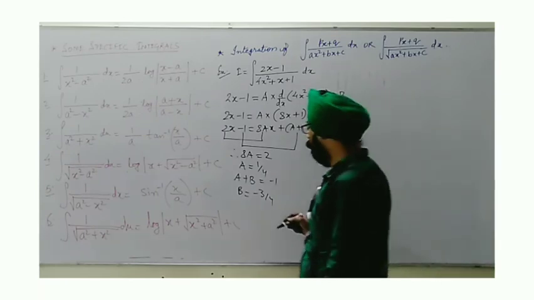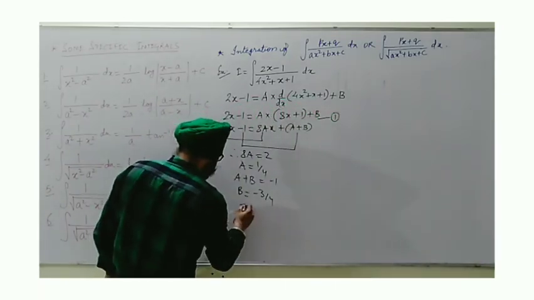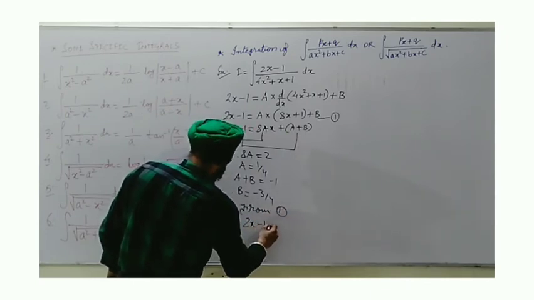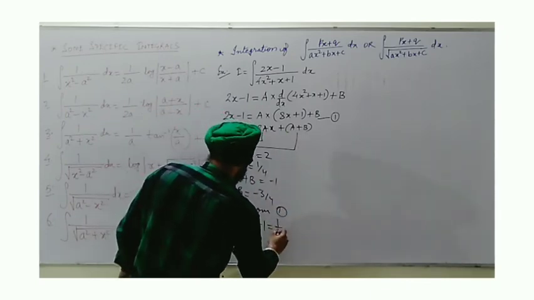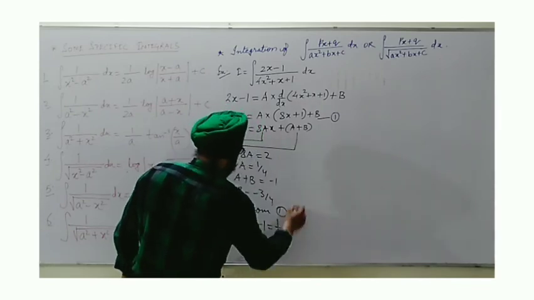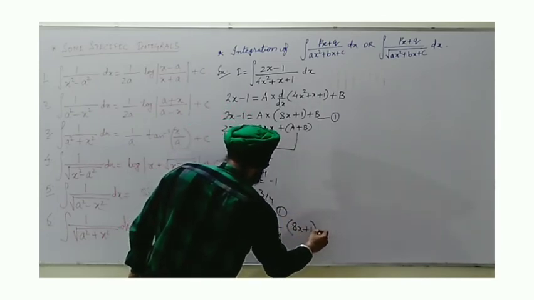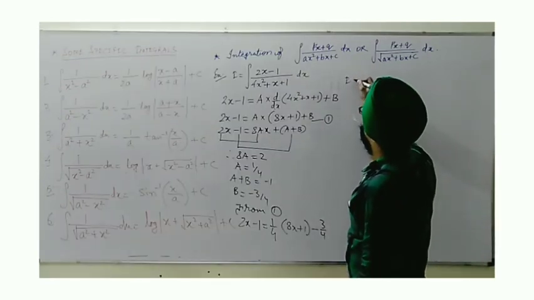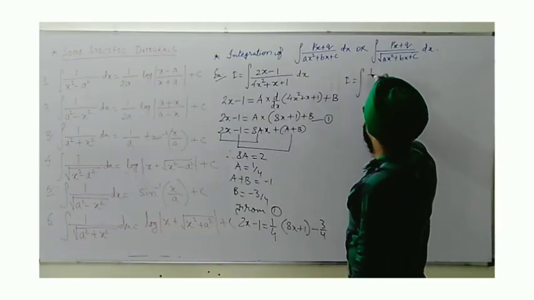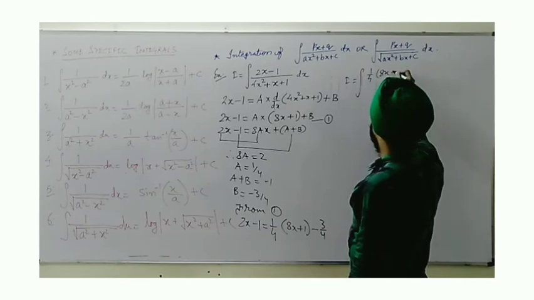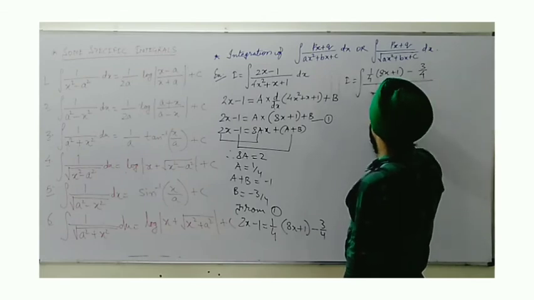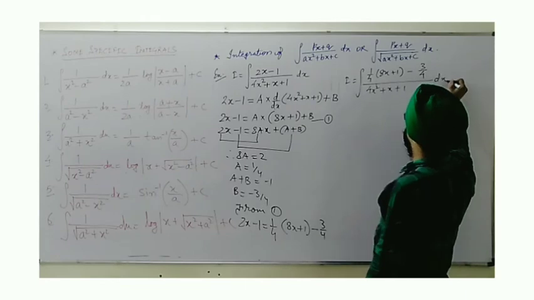From equation number 1, we can write 2x minus 1 as 1 by 4, 8x plus 1, minus 3 by 4, upon 4x square plus x plus 1 dx.